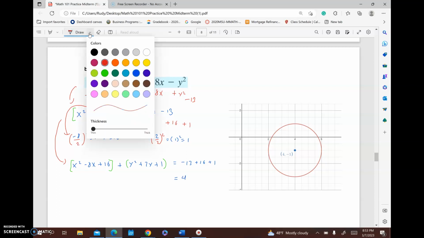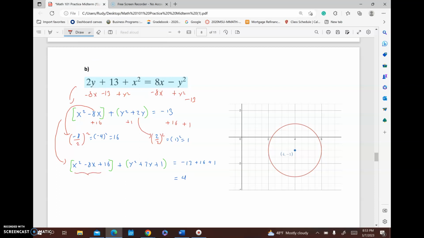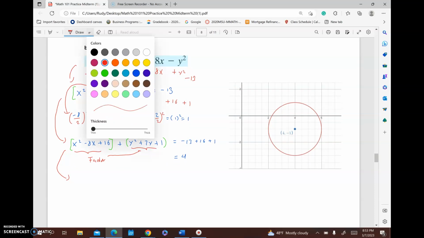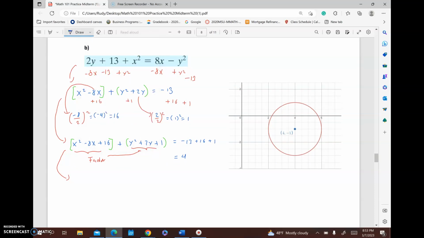And then the next step is to factor each of the polynomials. We're basically looking at the factorization of these two. For the first one, we're going to have x minus 4 times x minus 4. Let me fix this, this is supposed to be a 2. And we're going to be rewriting the y's as y plus 1 times y plus 1.